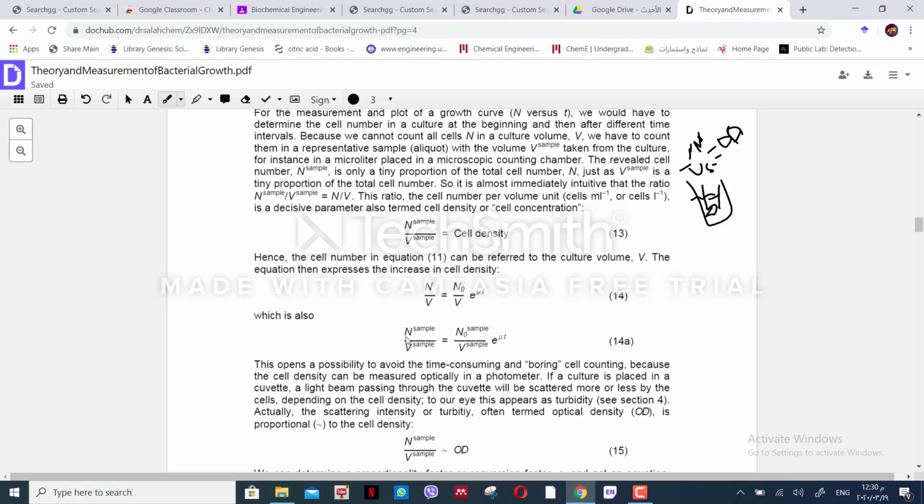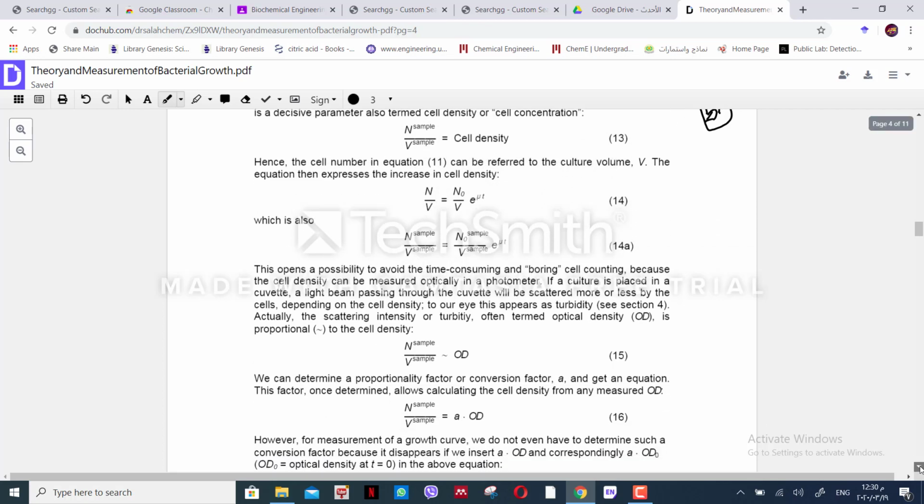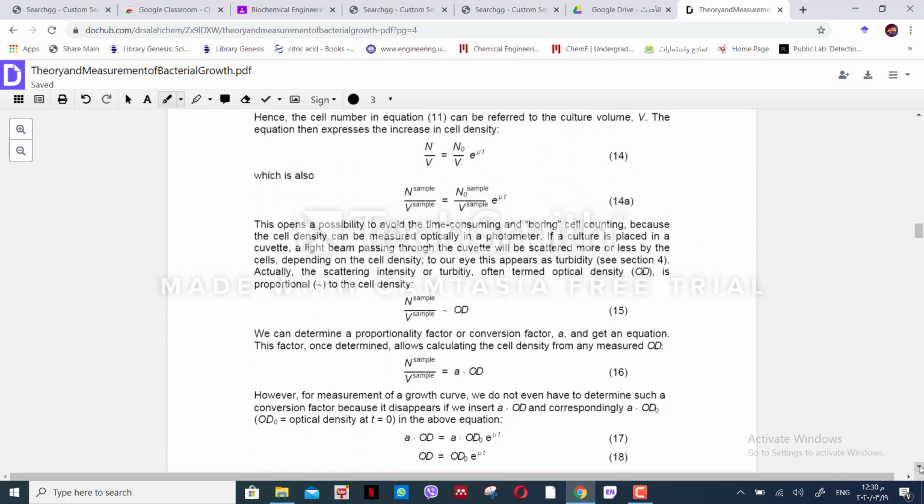This opens a possibility to avoid time consuming and boring cell counting. Instead of counting cells, we can use optical density measured by a photometer at the same wavelength. So n sample over v sample is proportional to the optical density. We can determine a proportionality factor or conversion factor A and get an equation.